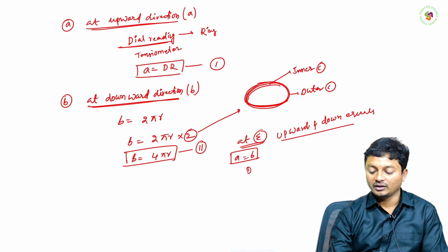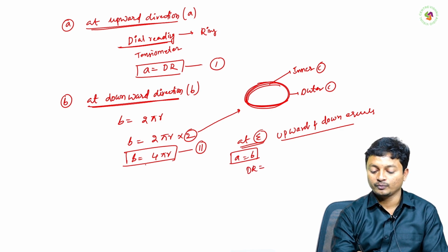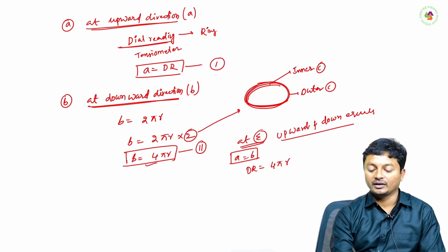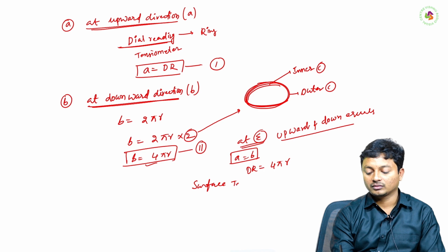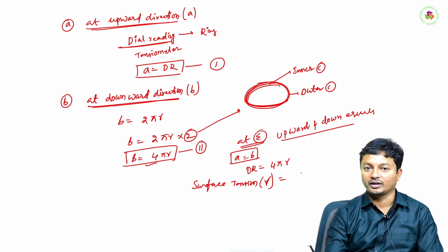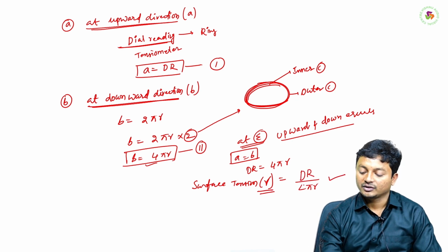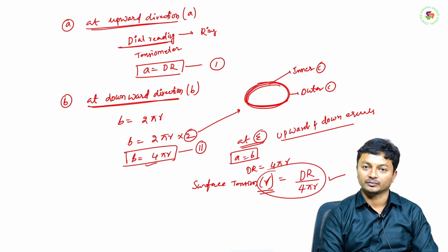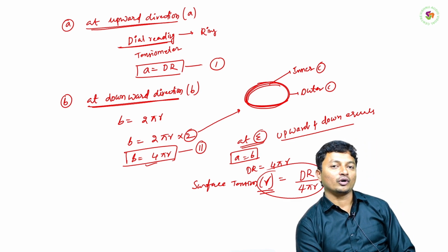So dr should be equal to 4 pi r. So finally the surface tension of a sample, that is gamma, can be calculated by this formula, that is dr upon 4 pi r. This is about the de Nouy ring method.